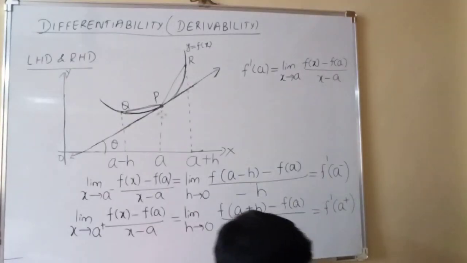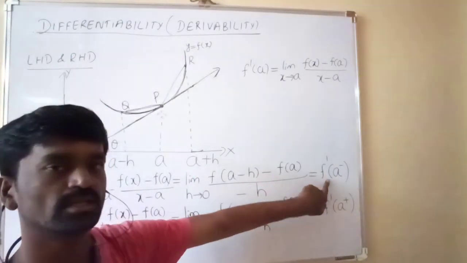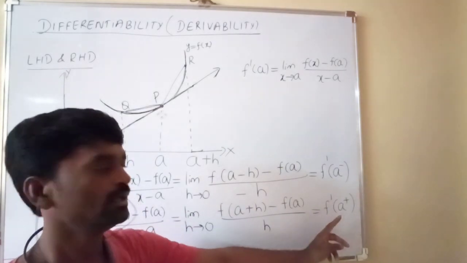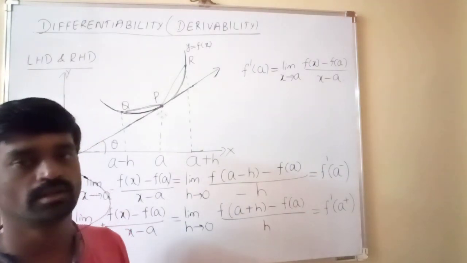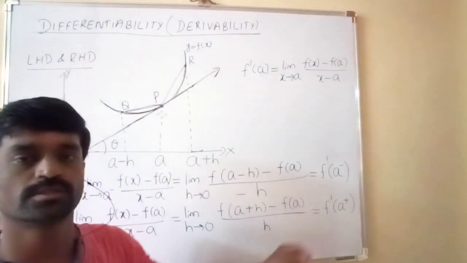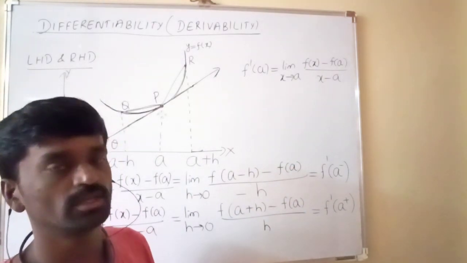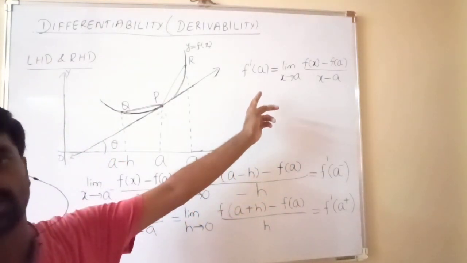If the left limit exists, then f is left differentiable and f dash of a minus is the left hand derivative at a. If the right limit exists and is finite, then f is right differentiable and f dash of a plus is called the right hand derivative of f at x is equal to a. If these two are equal, that means f is both left differentiable and right differentiable, and the left hand derivative is equal to the right hand derivative, then we say that f is differentiable at a.